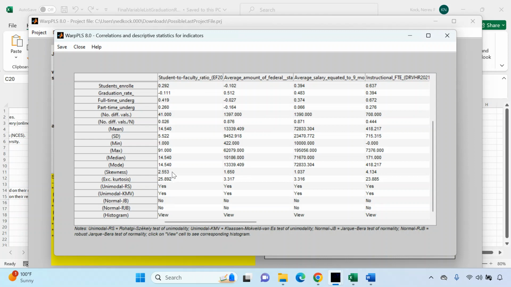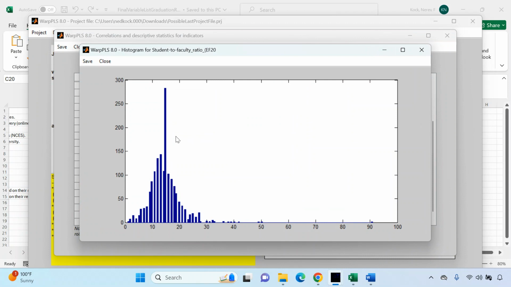If the data was fully normally distributed, these numbers would both be close to 0. So when you click on view the histogram, you see that the data is quite concentrated around the 14 number. And that essentially means that there are not many cases where you have very large student to faculty ratios.